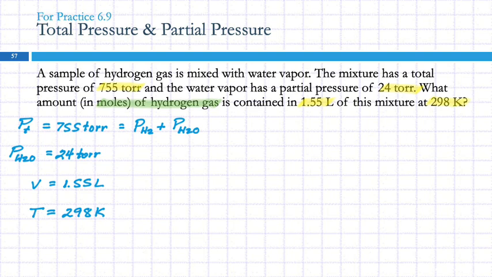So how could I find the partial pressure of hydrogen? Subtract. I'm going to take the total pressure and subtract this partial pressure.